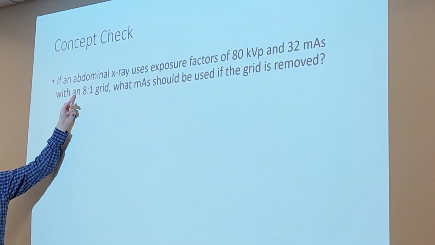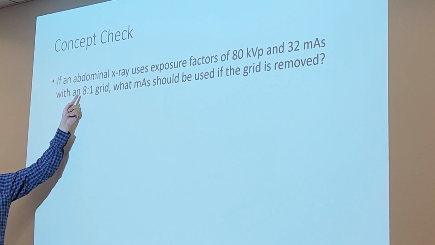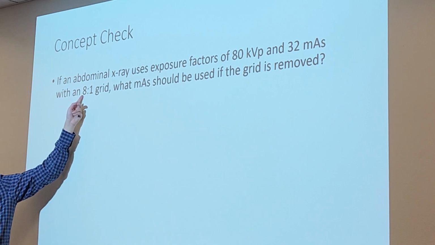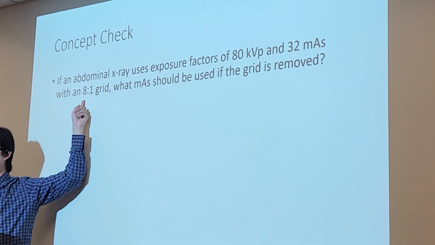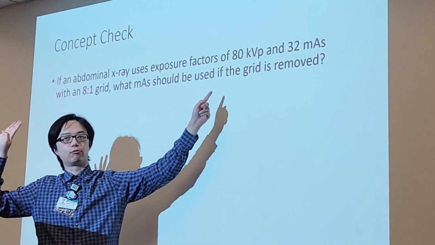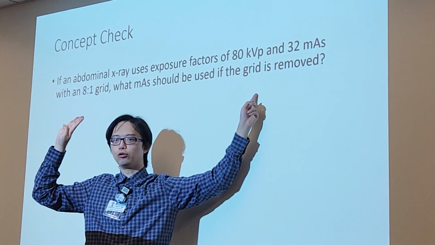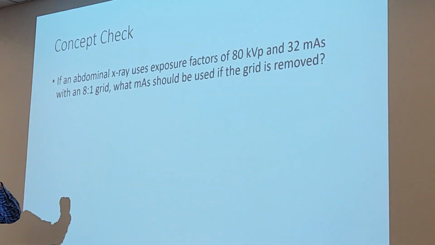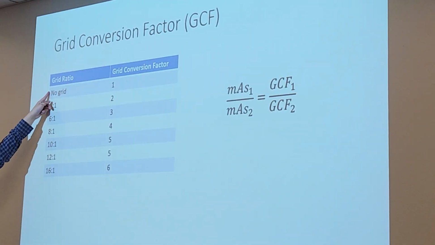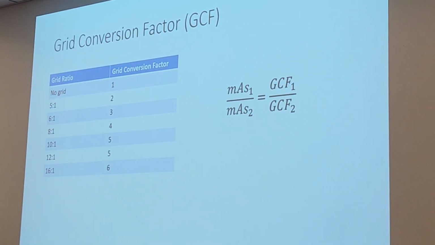Okay, we're starting with an 8:1 grid. What is the grid conversion factor? 4. Great. And we're going to a removed grid, so no grid, which is 1. So we're going from 8:1, which is 4, down to no grid, which is 1.